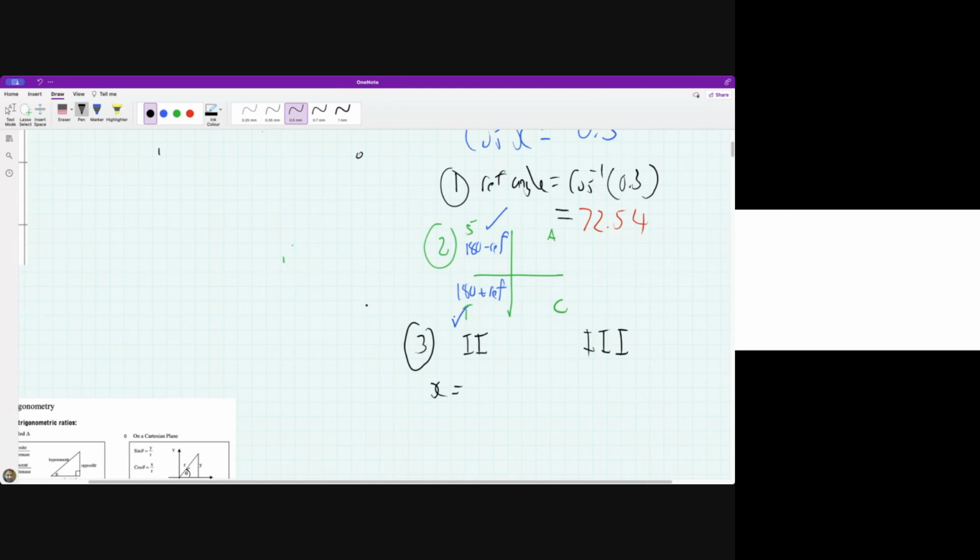So for my first answer, 180 minus 72.54, which is 107.46, or x is going to be equal to what else? What's going to be the second solution?